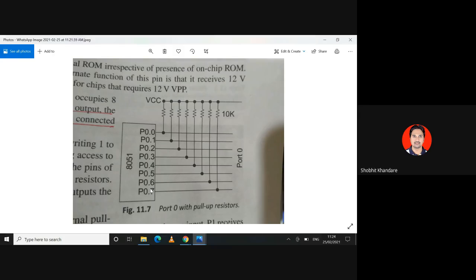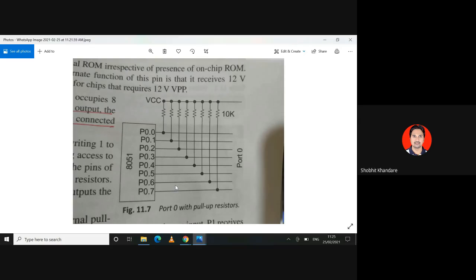But all these ports are open drain. Now just try to understand the concept of open drain. Open drain means they will have a higher output current value. Their output current rating will be more because they are open drain. So how do you limit this current which is flowing as an output?